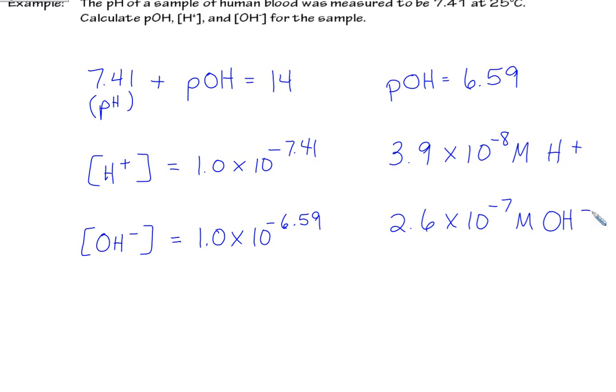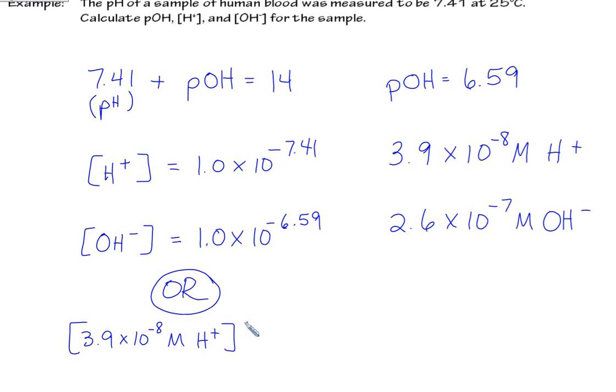Or your other option: you can use this guy. If you calculated the hydrogen concentration, 3.9 times 10 to the negative 8, there's the hydrogen. You could multiply by hydroxide, and the product should be 1.0 times 10 to the negative 14th.